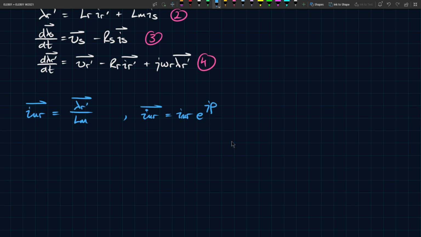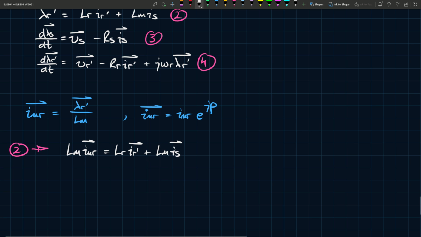Now, based on equation 2 and this new definition that we've established, from 2, we can establish that this is just a substitution. So I say Lm IMR is equal to Lr IR prime plus Lm IS.